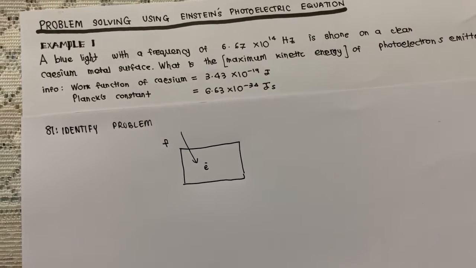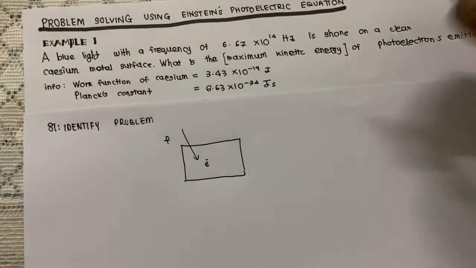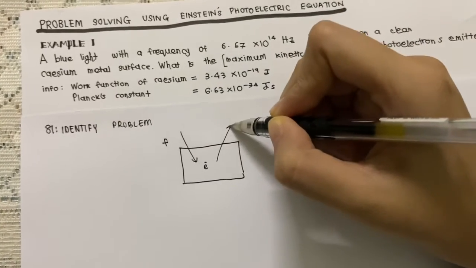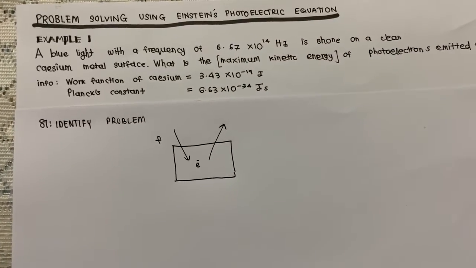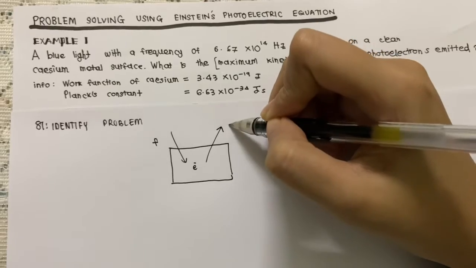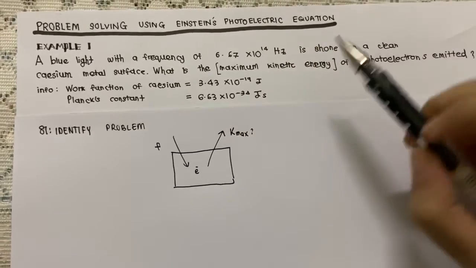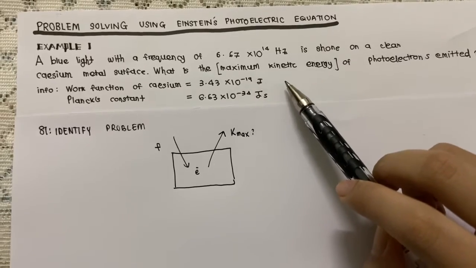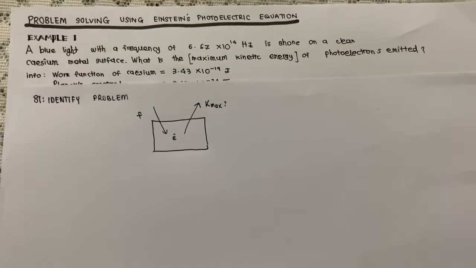This energy is used to release the electron from this metal, and the extra energy will become the maximum kinetic energy. So in this question, we want to find the maximum kinetic energy of the photoelectrons emitted.